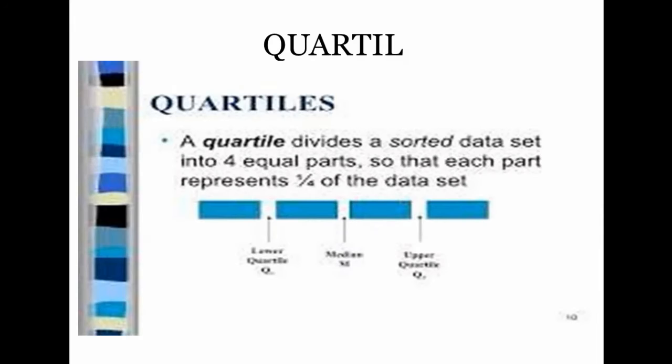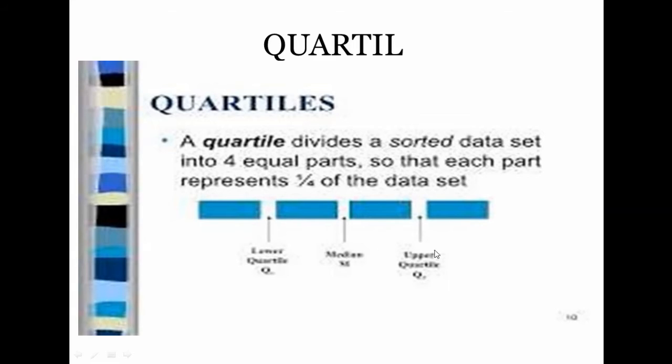Now, quartiles. Quartiles divide the sorted data, the arranged data, into 4 equal parts so that each part represents 1 by 4 of the data set. You see over here, this is Q1, this is Q2, and this is Q3. So there are 4 partitions: 1, 2, 3, and 4. Actually, these are 3 numbers: Q1, Q2, and Q3.